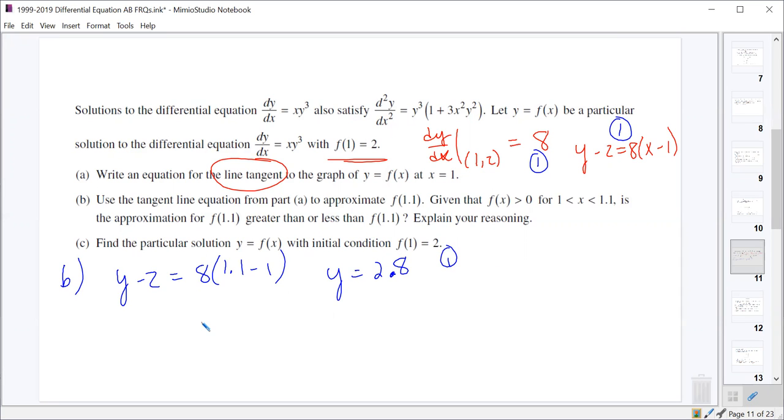So if our original function is concave up, the tangent line will be below it. If our function is concave down, the tangent line will be above it. It'll be an overestimate. So we need to go back in and look at our concavity at the point (1, 2), right?